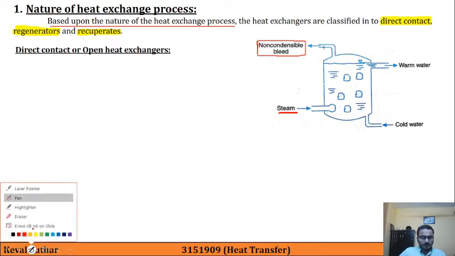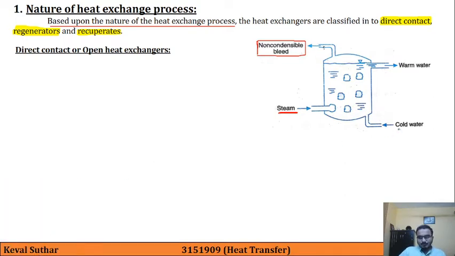So here the cold fluid is this, that is cold water, and at the exit it is becoming a warm water.